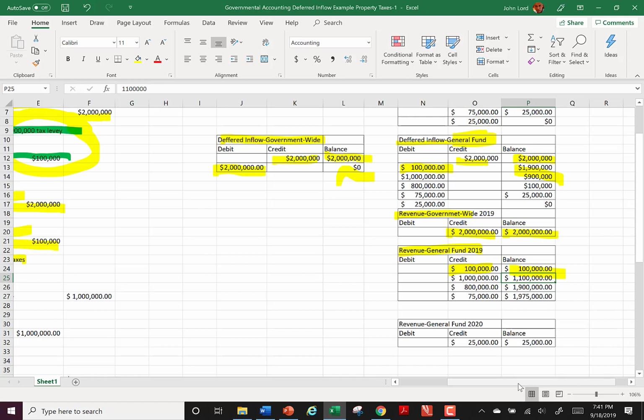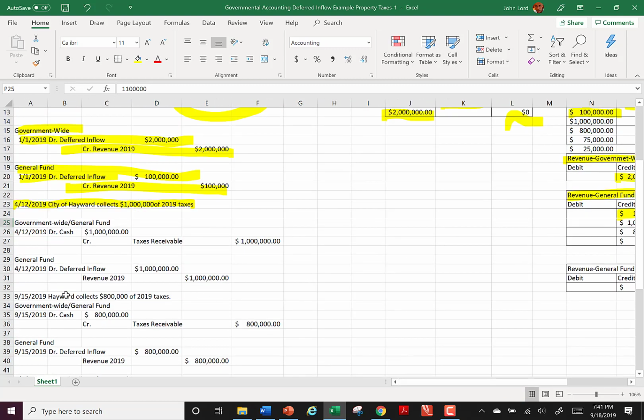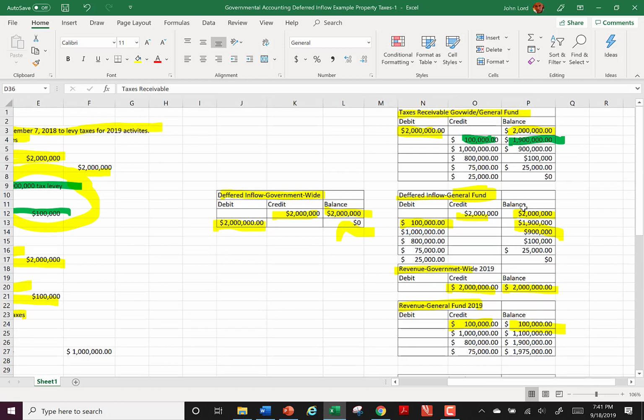Then I go a little deeper into the year, and now it's September, and I collect 800,000. Again, debit the cash, credit the taxes receivable for the 800,000. When I credit the tax receivable for 800,000, there's still 100,000 left to go, right?